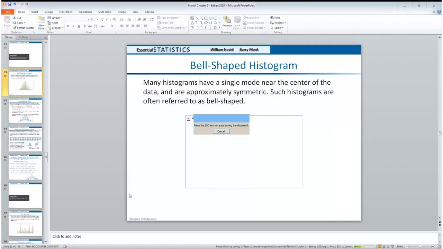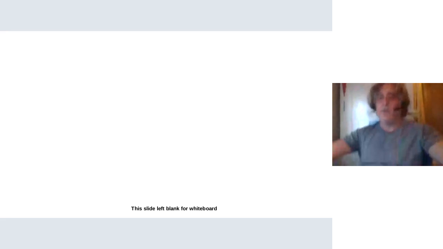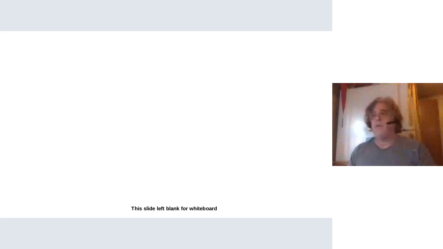But what the empirical rule essentially is, it applies only to what they've told you so far is called approximately symmetric. Another word for it is bell-shaped. And the more formal term is normally distributed data. When we get to chapter 6, we're going to work exclusively with that type of data.